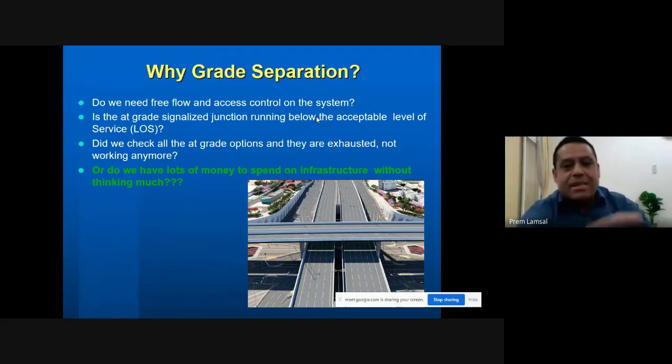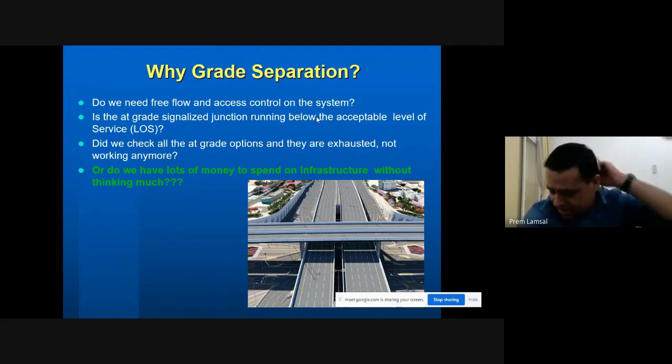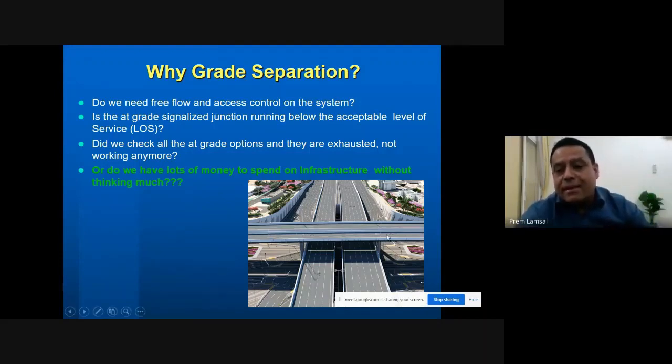Grade separation means, by the way, a flyover. In our countries, we normally call it a flyover, where, as shown in this picture, vehicles are free to move without any obstruction in flow. You can see here in this picture there are three layers of flyovers, so each road has free flow and access control.